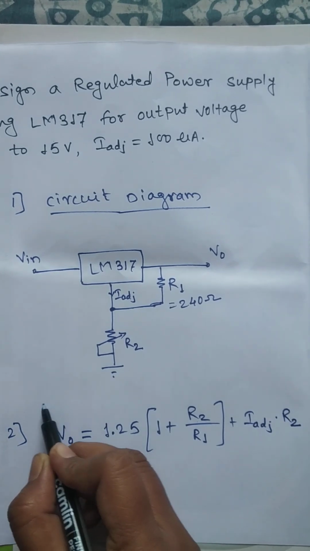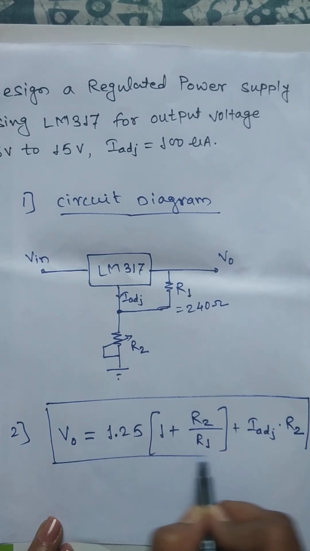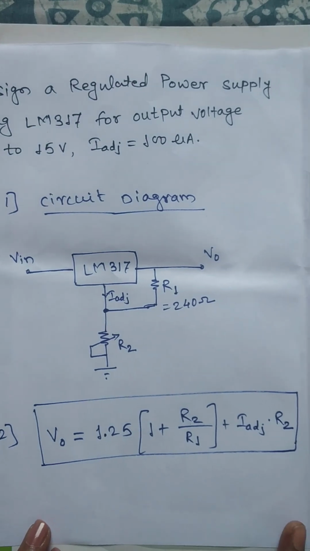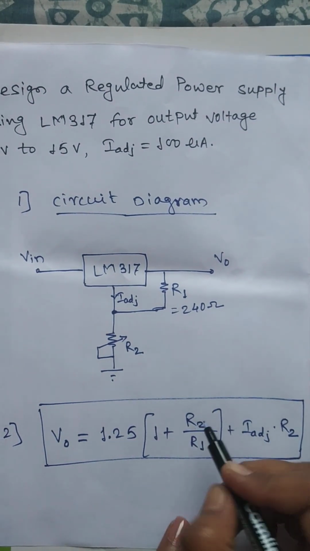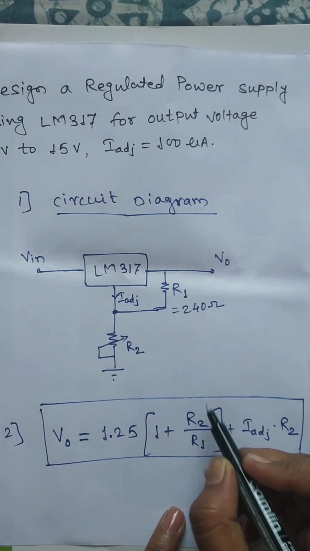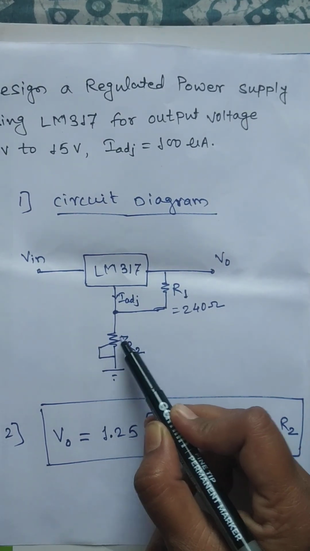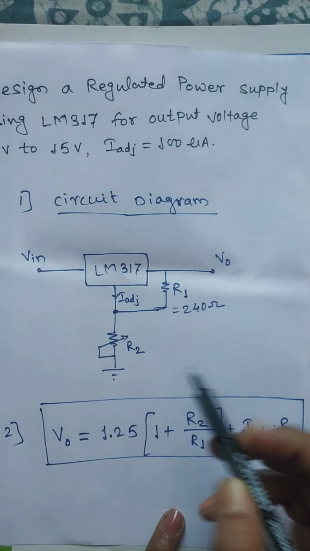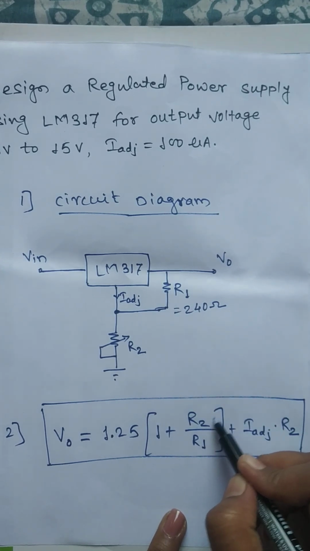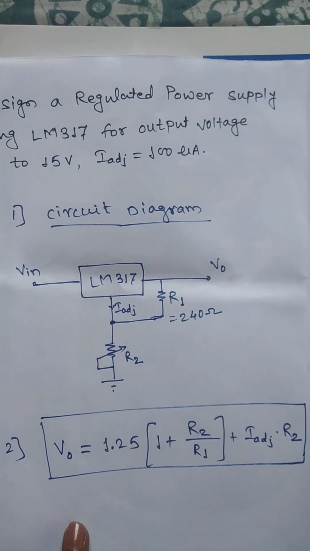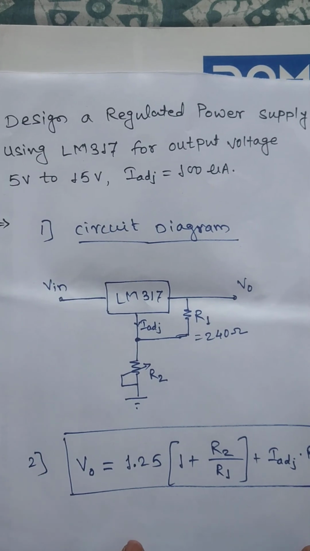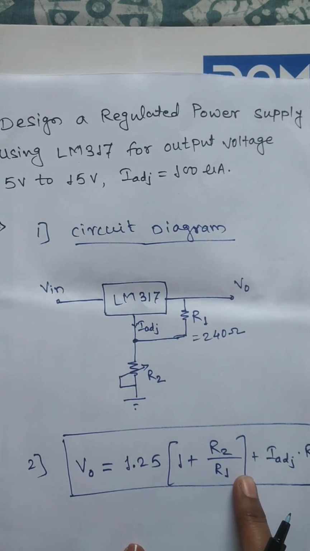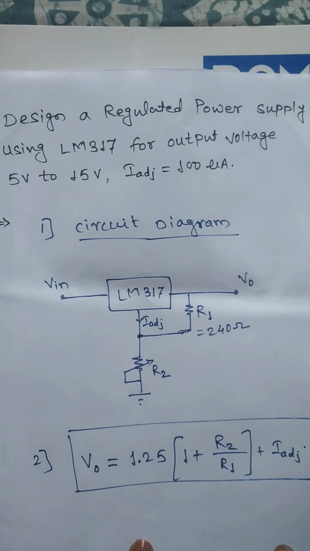This formula you have to remember always for LM317 and LM337. Remember that R2, whatever variable resistor is connected, should be in the numerator. First, these two things you have to write always while solving the examples.